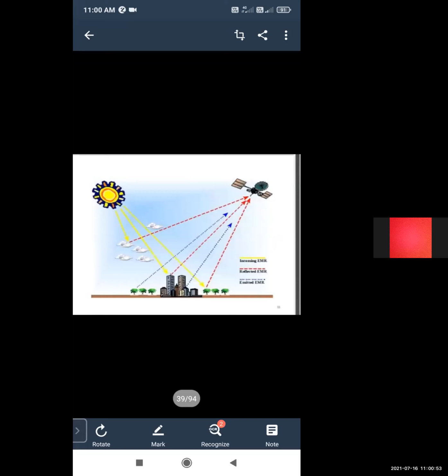The yellow light is the electromagnetic radiation which hits the target, and after the incident rays, it again reflects, and the reflected electromagnetic rays are received by the sensor that is placed on the satellite.